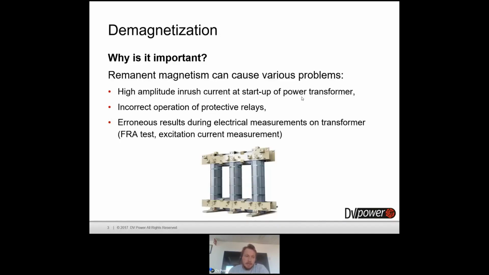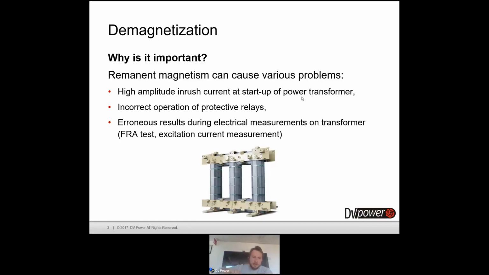The bigger problem is incorrect operation of protective relays, because you cannot start up the transformer and then you need to repeat the startup process until it's successful. Otherwise, I saw in the field that some protection engineers adapt protection relays to skip a few periods of the inrush current.